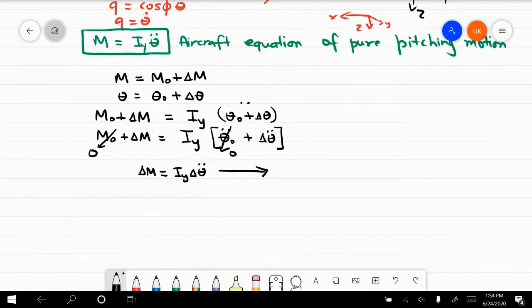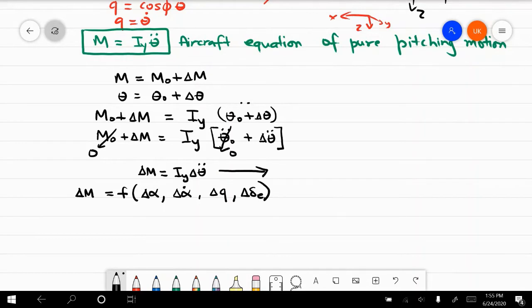So first of all, we will assume that this change in moment, so this is the pitching moment, right, is a function of the change in the angle of attack, the change in the rate of change of angle of attack, the change in the pitching frequency, or the y component of the angular velocity, and the change in the elevator angle.